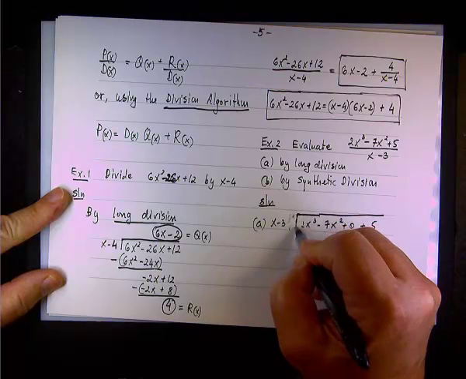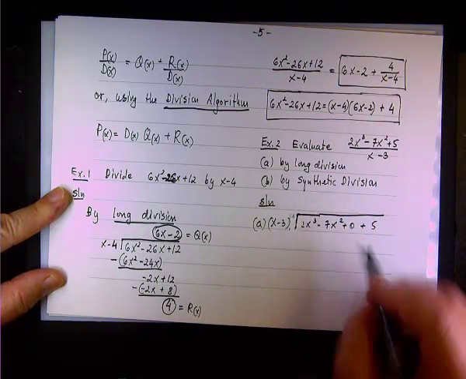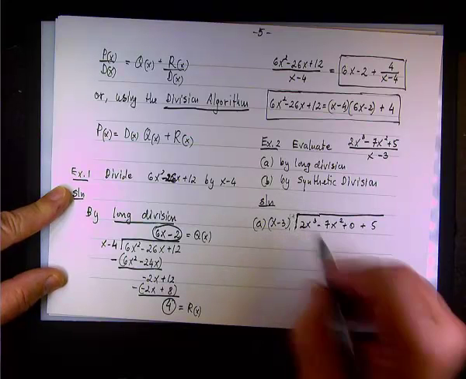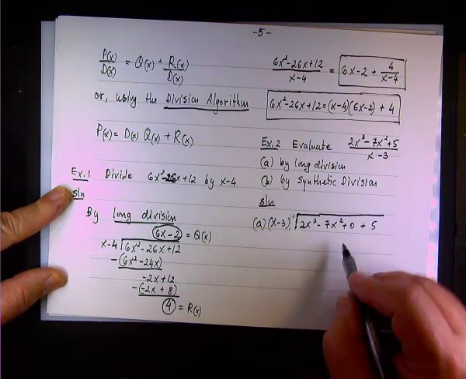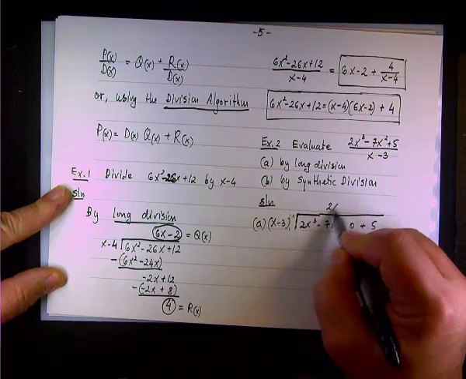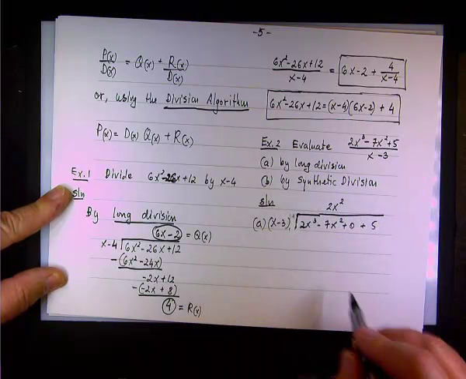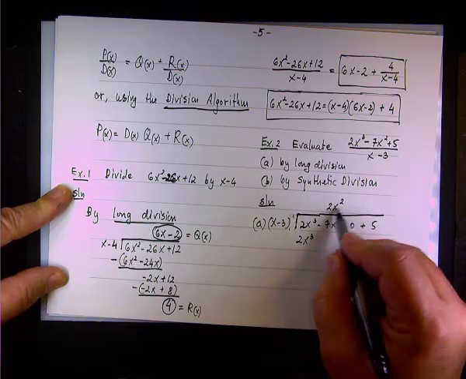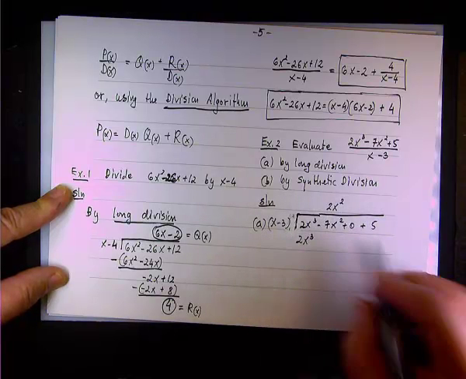Here we go. Like so. All right, so to get to 2x cubed, I need to multiply by 2x squared. The position is right here, so I'll put it above the x squared position and get 2x cubed.